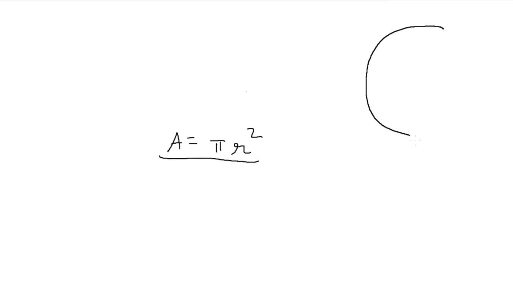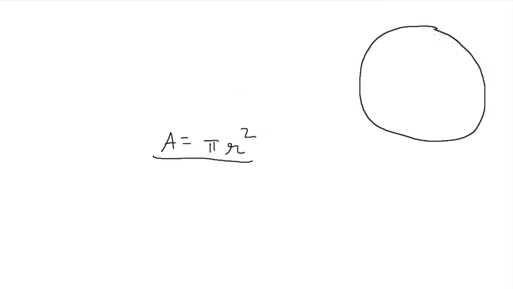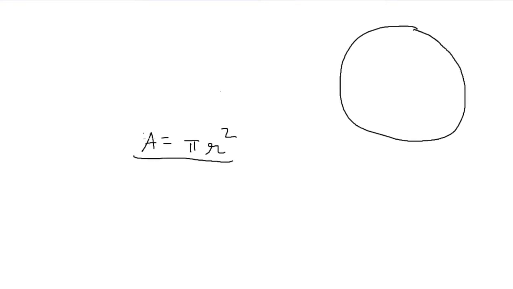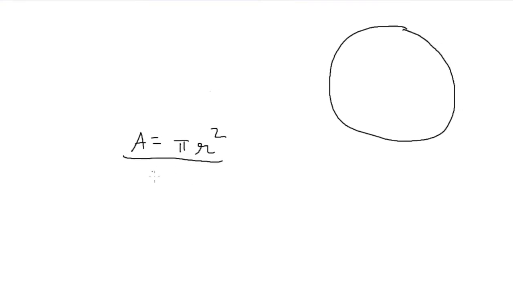Now, you probably already know this from the title of the video, but think about it. Do you know how we came to the conclusion that the area equals pi r squared? This is the area of a circle, for those of you who don't know. Now, let me ask you this.